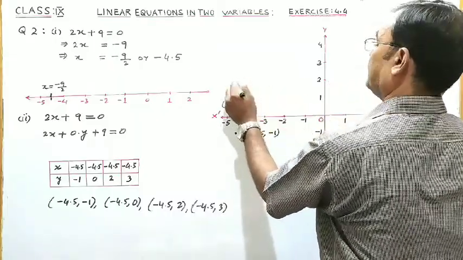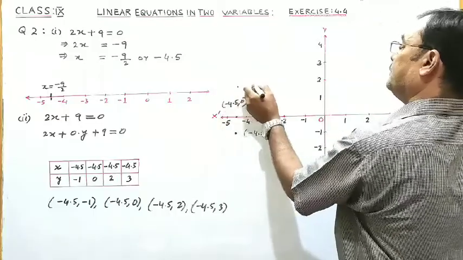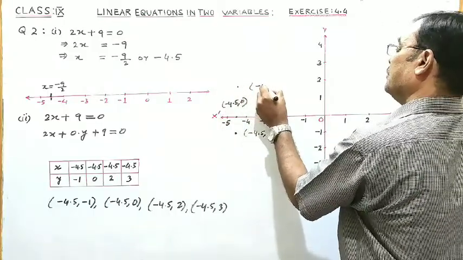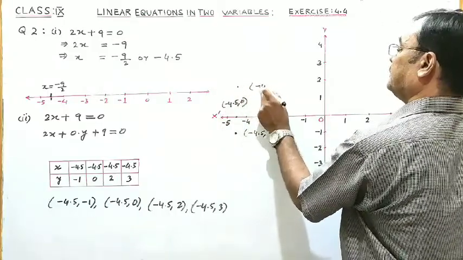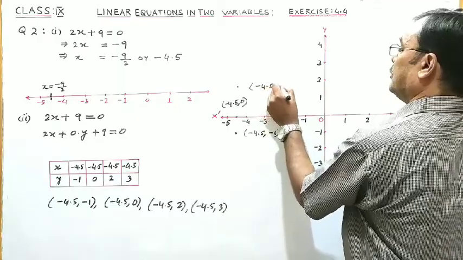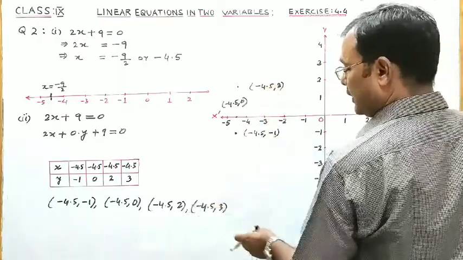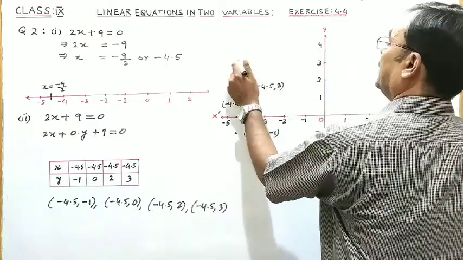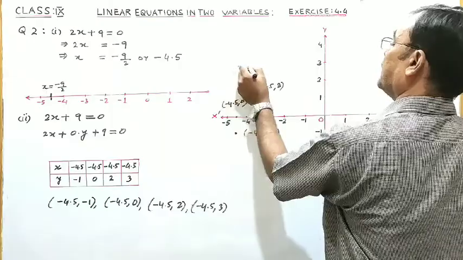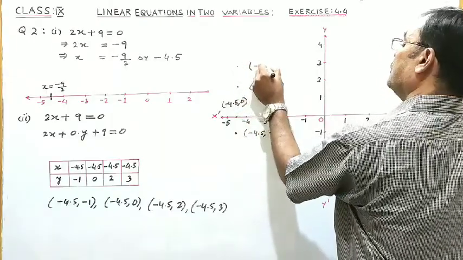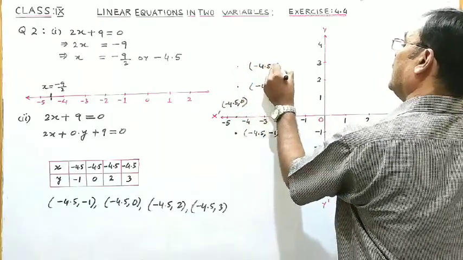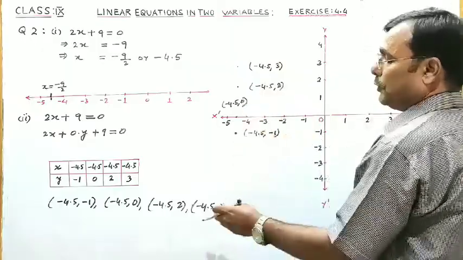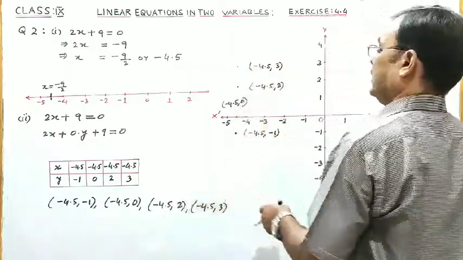So this point, minus 4.5 comma 2. Next point minus 4.5 comma 3. So this point, minus 4.5 comma 3. So these 4 points we have plotted on this graph paper.